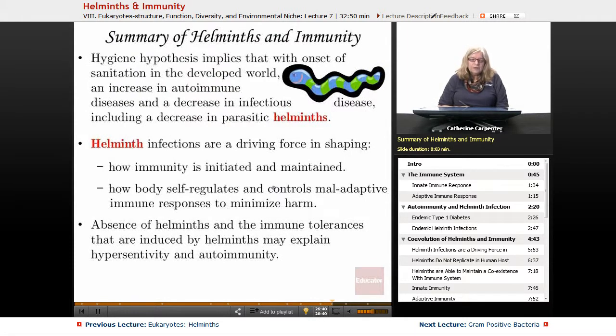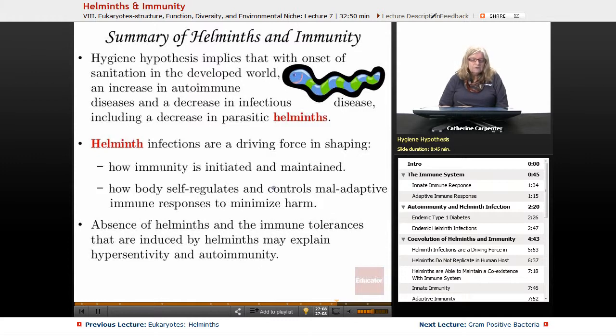So in summary, the hygiene hypothesis, which is pretty general, and most immunologists know that it's much more complicated than simply you clean up the environment and diseases change, which we know is true. But it's the helminths in particular that seem to be very important in relationship to this whole idea.